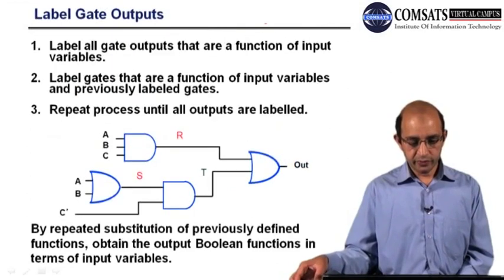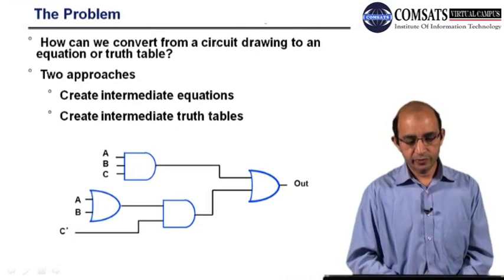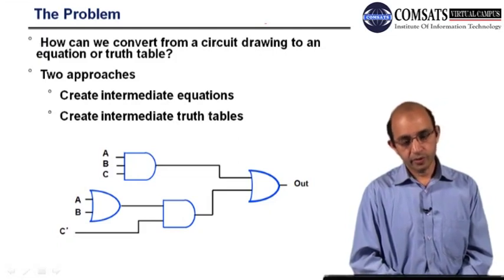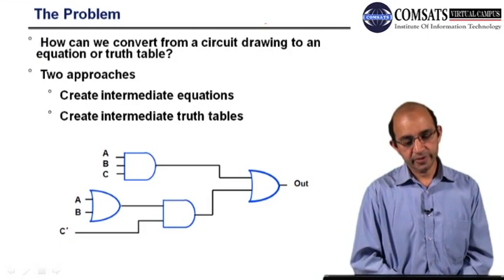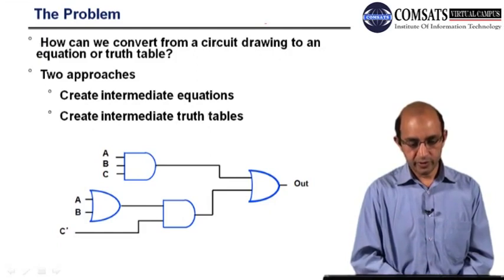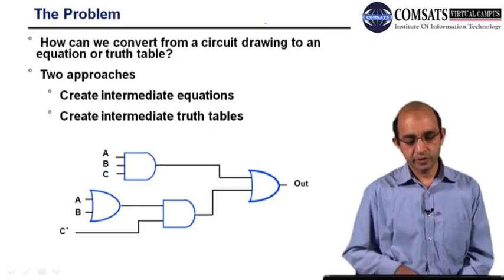That's what we have to talk about in the problem. We have to draw a circuit from an equation, or from a truth table, or you can also say that we have to convert from a circuit drawing. So we have a circuit over here, and we have to find out the equation, or you can say Boolean expression, or you have to draw the truth table.